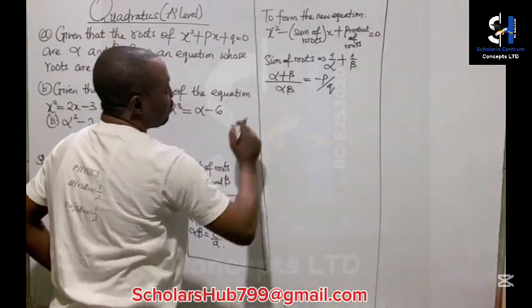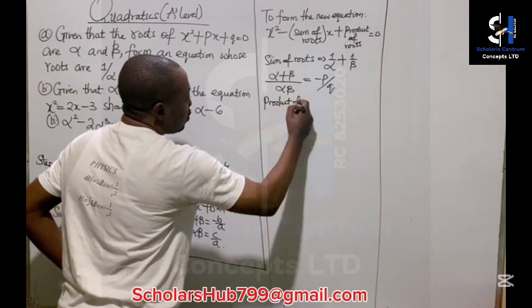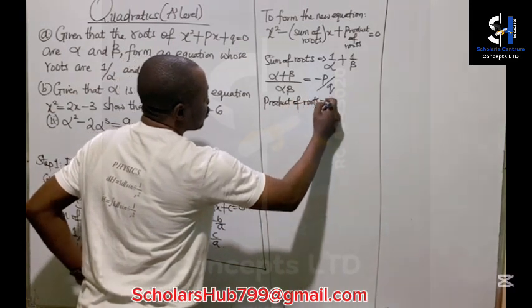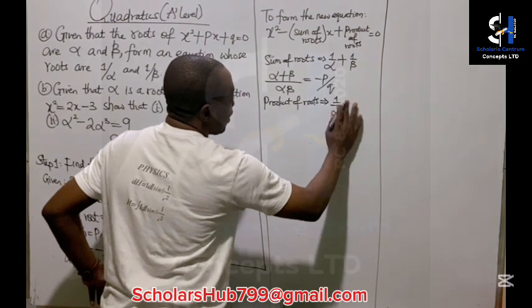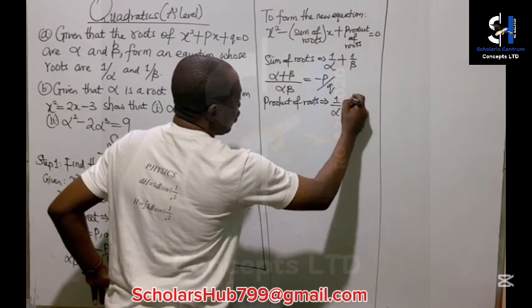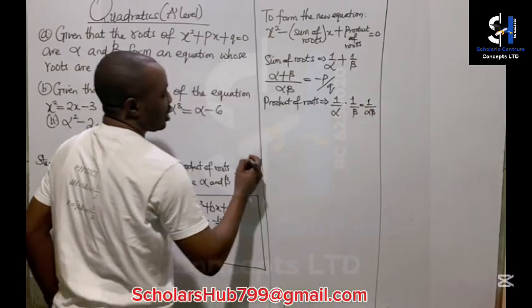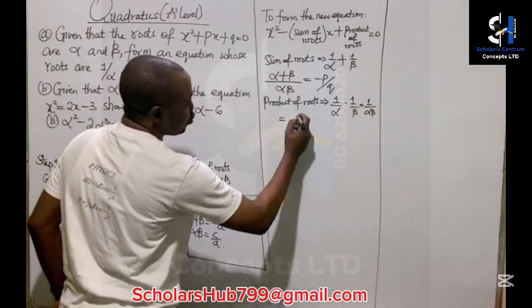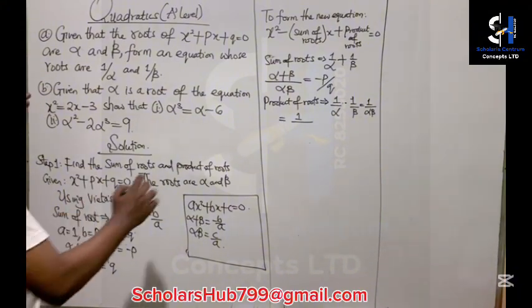That's the sum of roots. Now for the product of roots, we multiply 1 over alpha and 1 over beta, and that will be 1 over alpha beta. So the product of roots would be 1 over the product of alpha and beta, which is 1 over q.